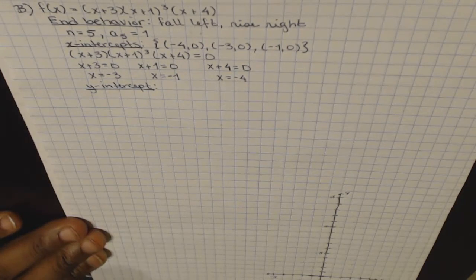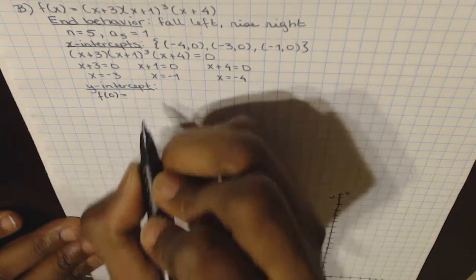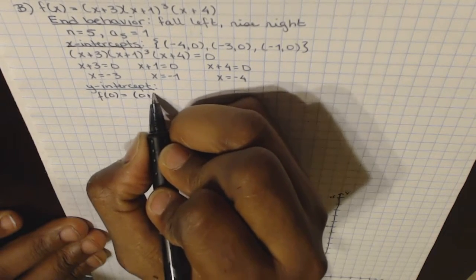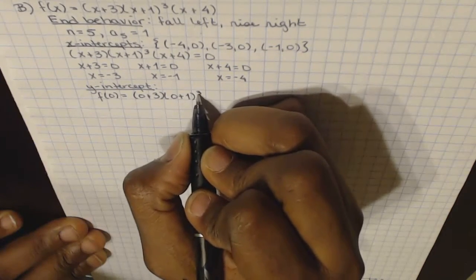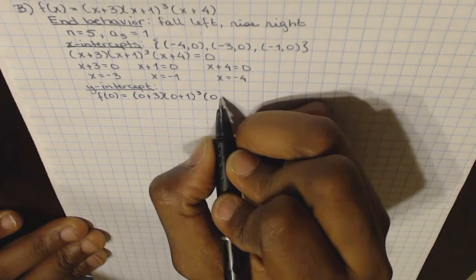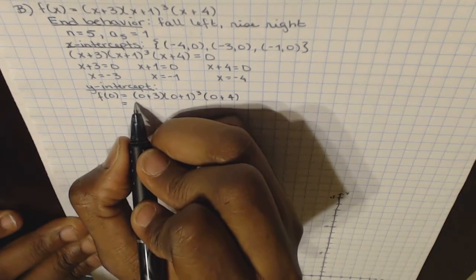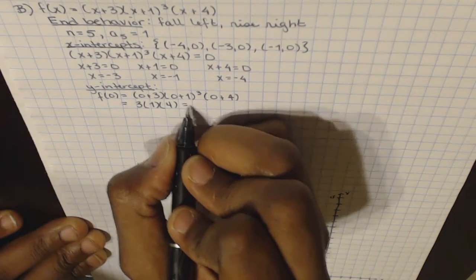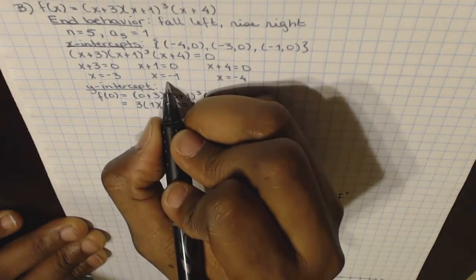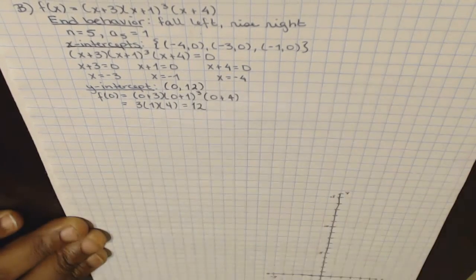To find the y-intercept, I will plug 0 in for all of my x's. So f of 0 is equal to 0 plus 3 times 0 plus 1 quantity cubed times 0 plus 4. So we have 3 times 1 times 4, which gives us 12. So the y-intercept is 0, 12.